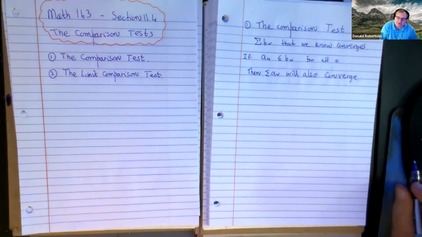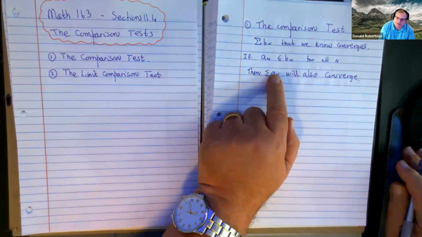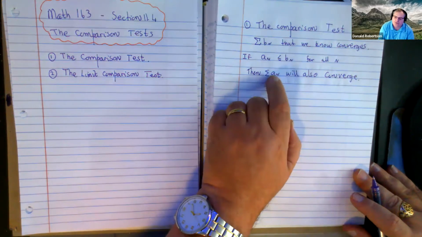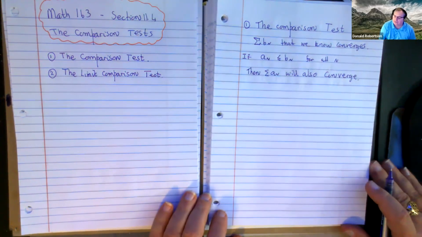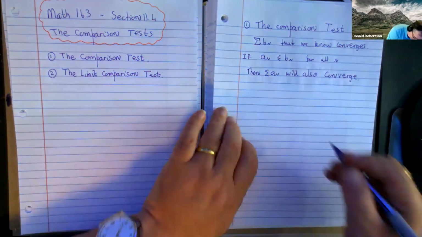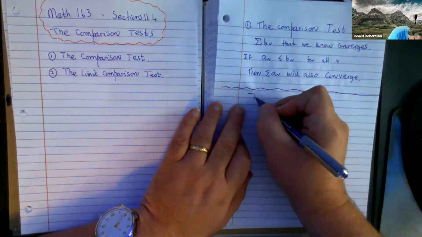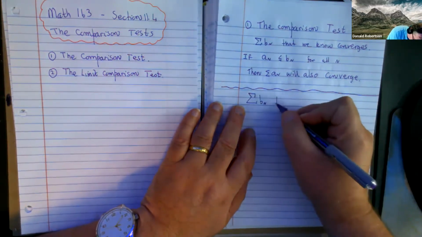So in layman's terms, if we have a series that's made up of terms that are smaller than a series that converges, because you're smaller than a series that converges, you must also converge. Seems reasonable. And there are two parts to this test. The other one says, suppose that we have a series, we'll call it bn, that we know diverges.